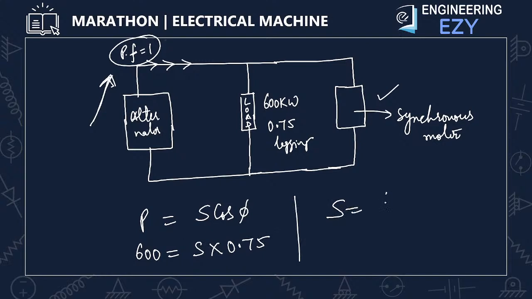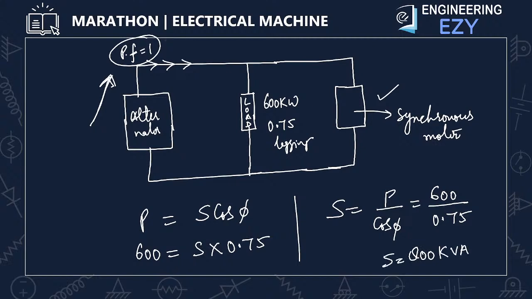S is equal to P upon cos phi, which is 600 upon 0.75. Yes, Sai, your answer is correct. So 600 divided by 0.75 is 800 kVA.